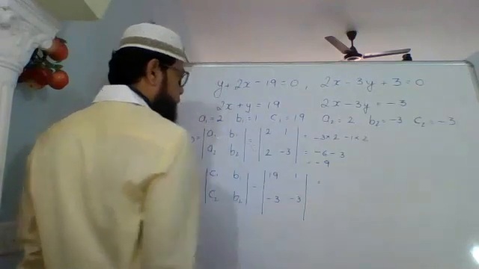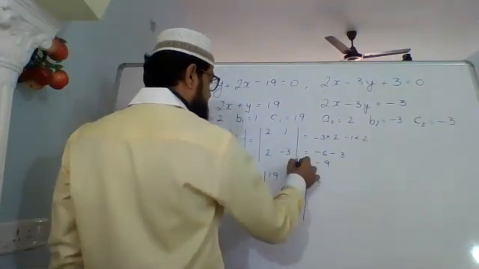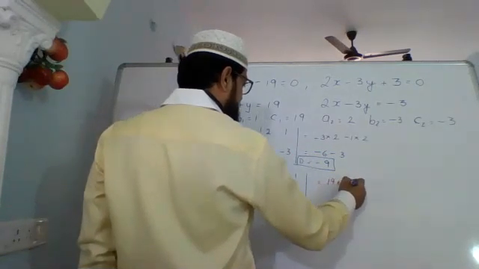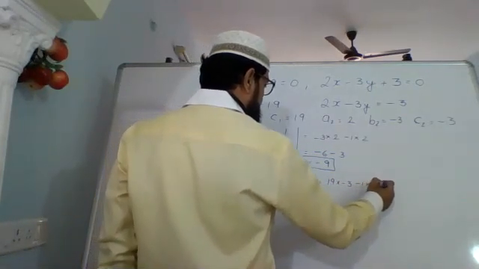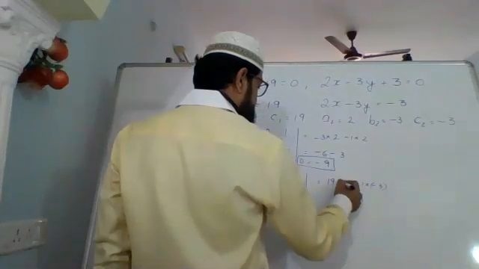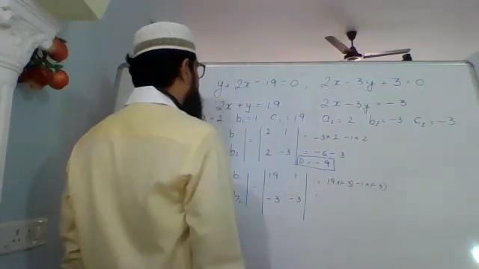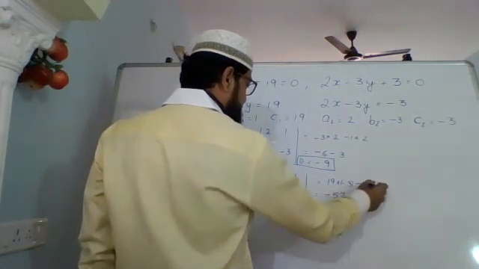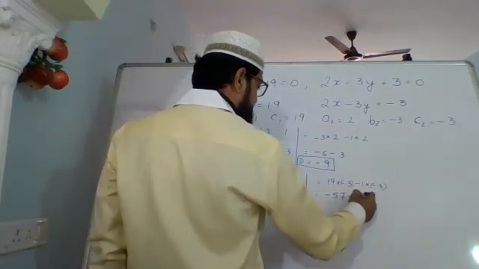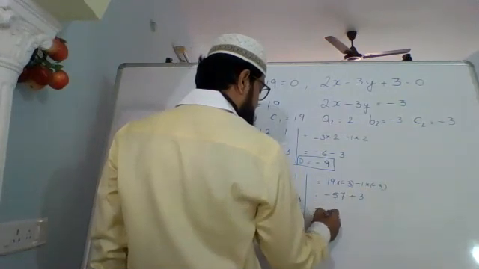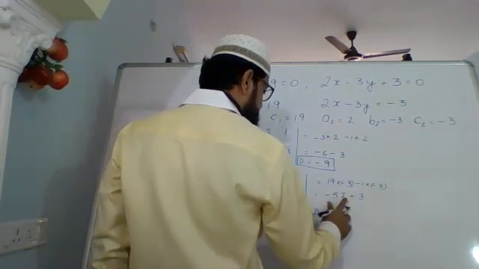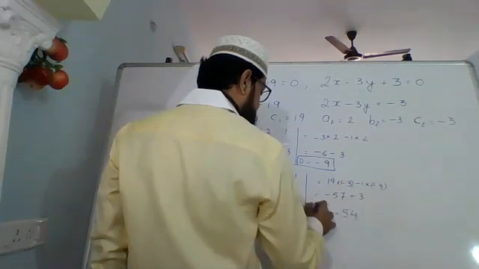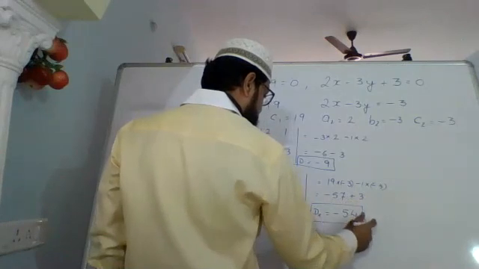So this will be equal to 19 into minus 3 minus 1 into minus 3. How much is 19 into minus 3? Minus 57. Minus into minus is plus 3. So Dx equals minus 54.